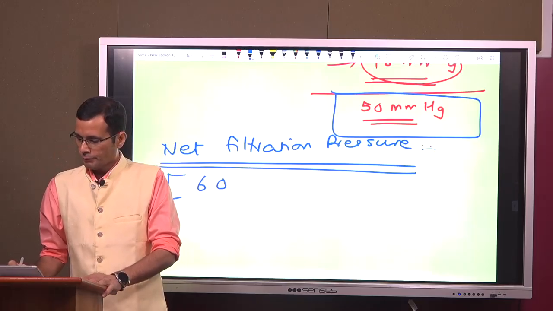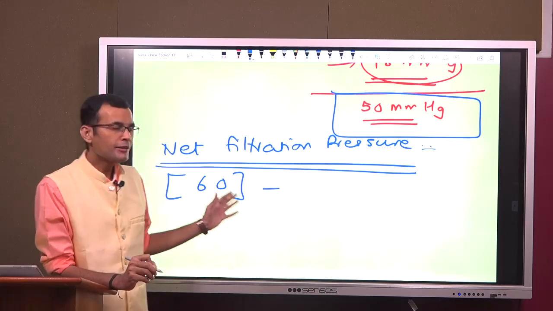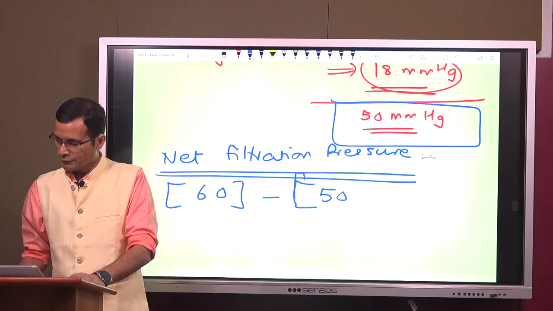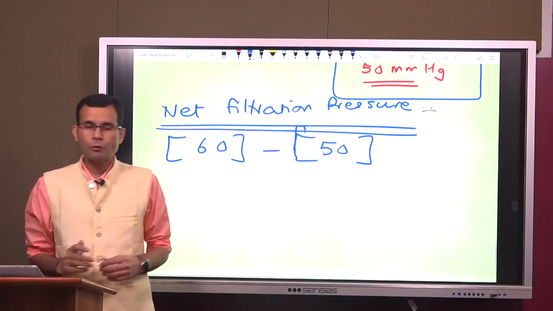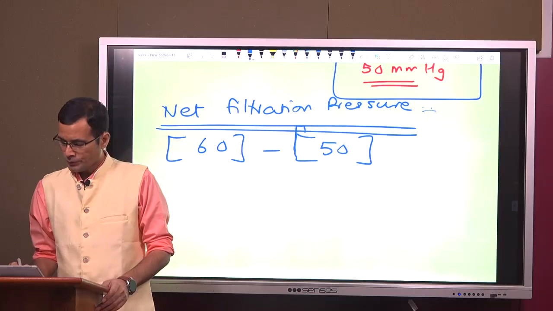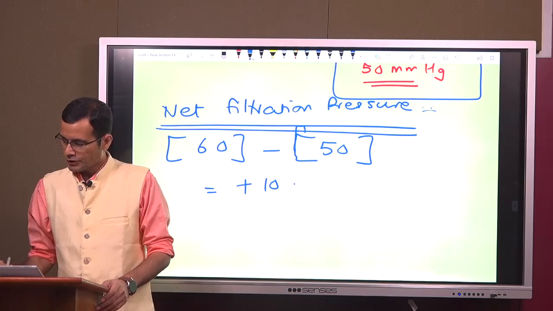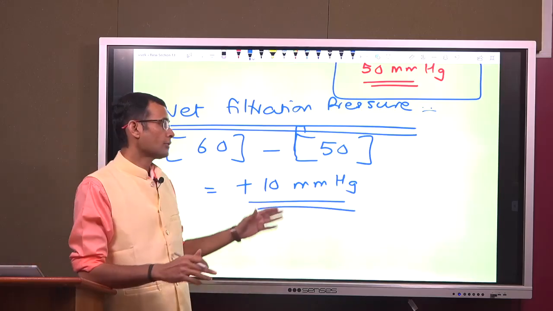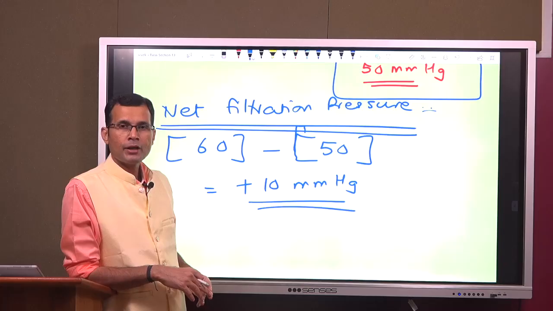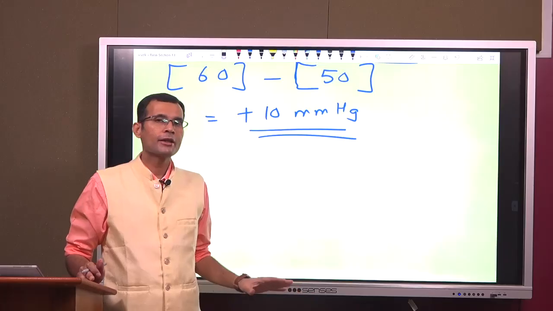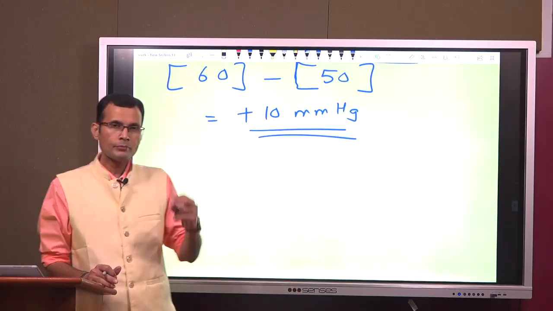The favoring pressure is 60 and the opposing pressure is 50. Therefore, the net filtration pressure that actually causes the filtration at the glomerulus is plus 10 mm of Hg. So that's the net or effective filtration pressure. Next point.